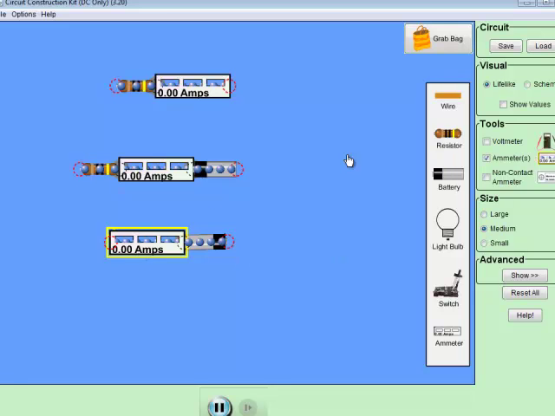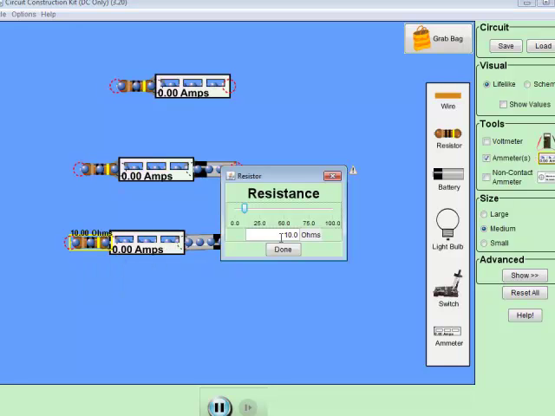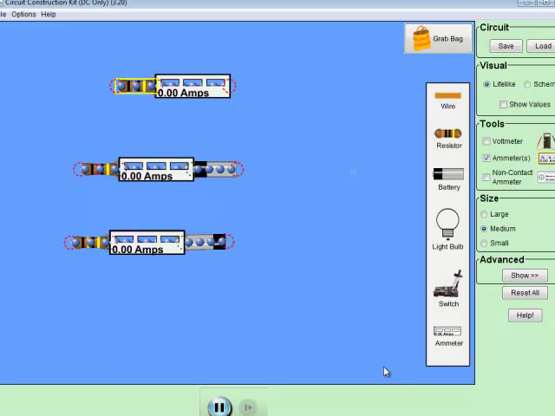Ammeter, and here we go, and let's see, this one is 3, 2, and 1. And connect with the wires. Oh yeah, show values. There we go.